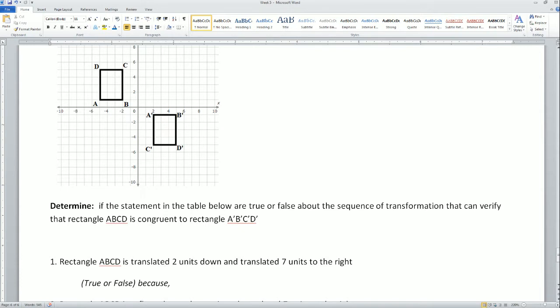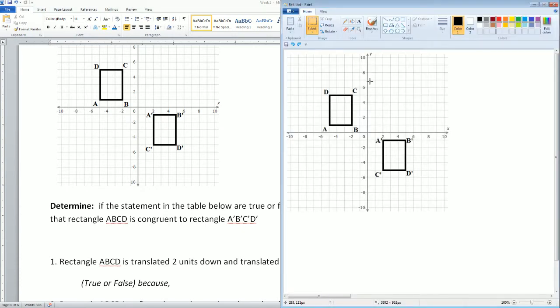We're going to see. Here I have the object in Paint. We're going to perform that transformation. Alright, let me grab it. Perfect. Okay, so it's right here. Watch this. Ready? 2 units down, so it goes from 1, 2, then 7 units to the right.